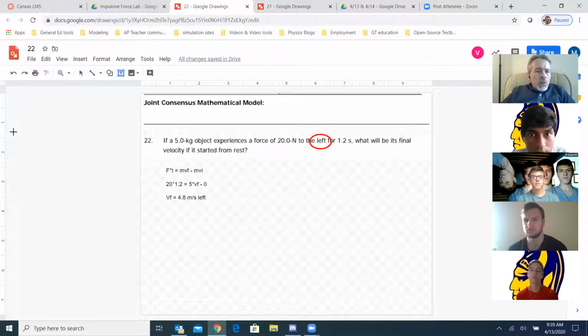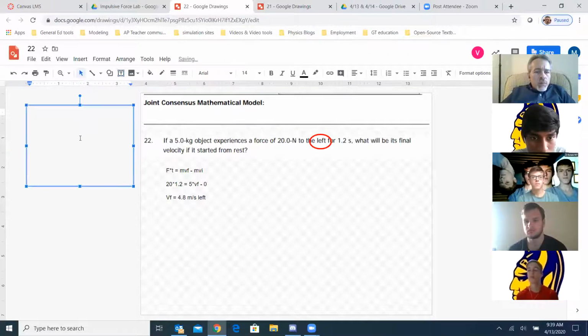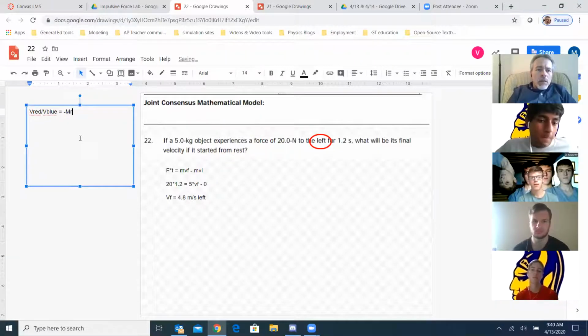Again, I'm going to start off with just reviewing what that model was. It was velocity of the red divided by the velocity of the blue was equal to negative mass of the blue over mass of the red.